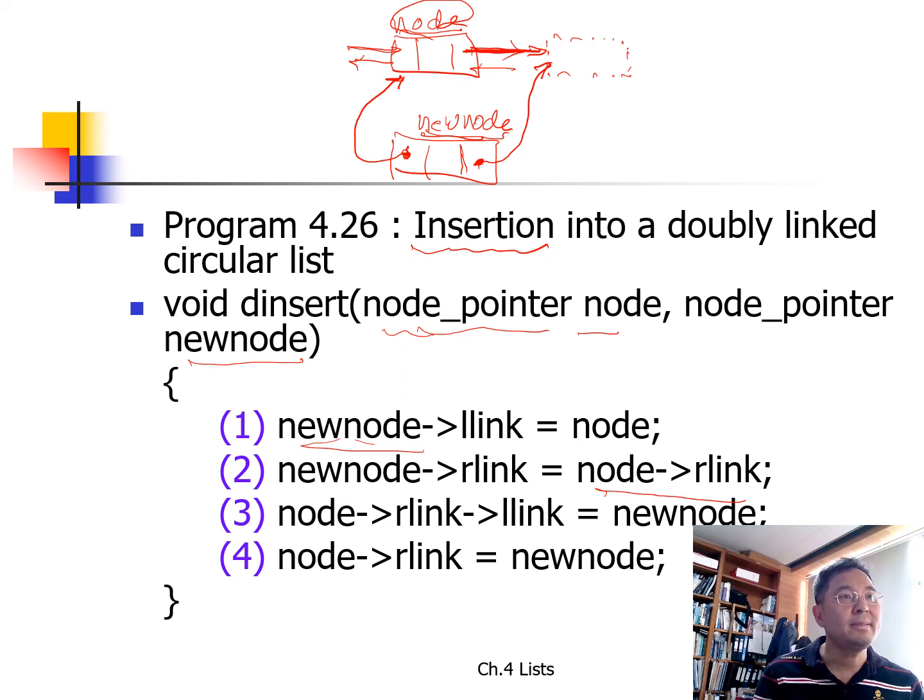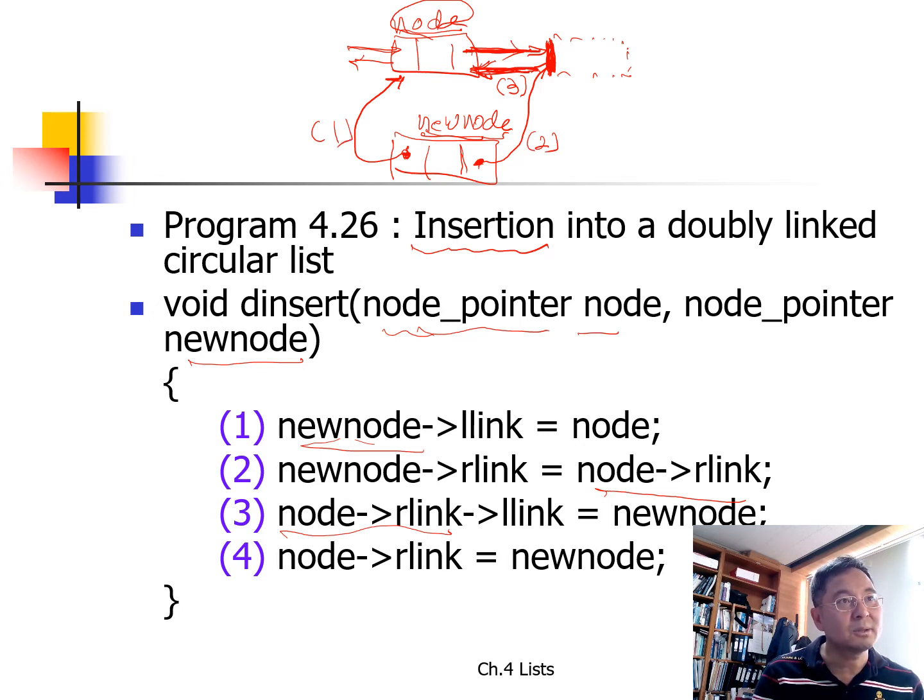Okay, and then we must adjust this node. I do not know the address of this dotted node, but we already know that this is the node's R link. The node's R link means this point. And this pointer's L link is here, this one. This one is step 3, this one was step 2, and this one was step 1.